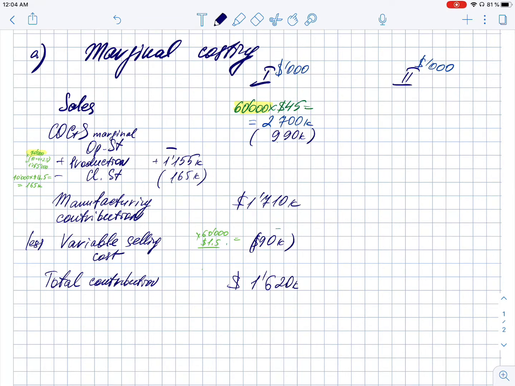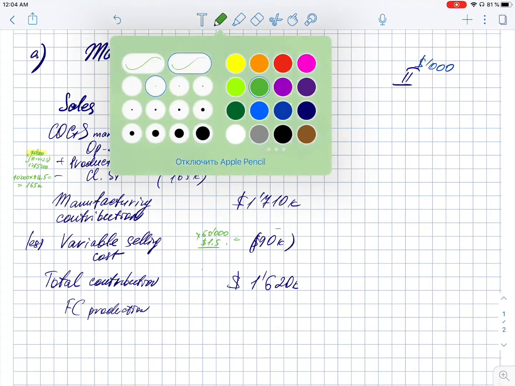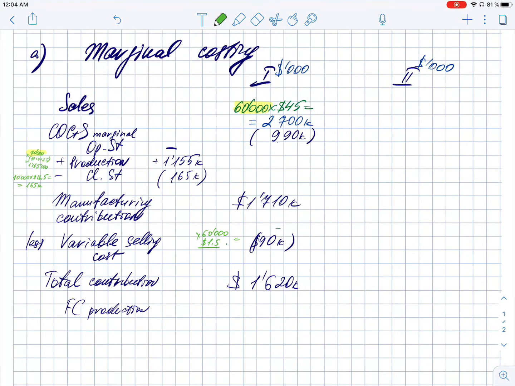That would be 1,620,000. And then we have to deduct fixed costs, both production and selling, in order to calculate the net profit for the first quarter. Fixed cost production: in the wording, we have $400,000 of fixed production overheads, but they're budgeted for the whole year. So we have to take only 1/4 of that amount.